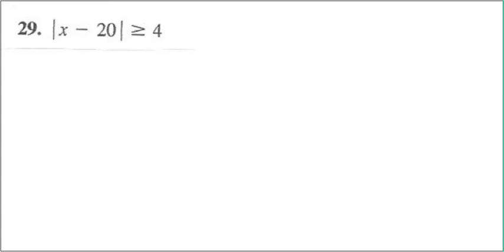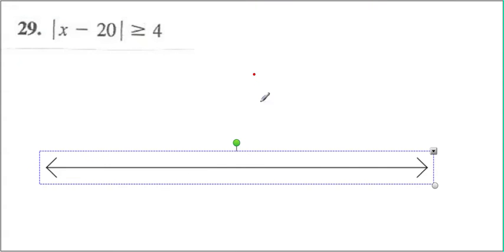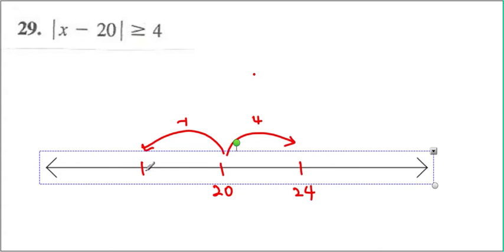Now, that means if I have a number line, so if this one is 20, I can go up or down by 4. That means the values we end up getting are 24 and 16. Then basically, distance has to be greater than 4. That means in order for distance to be greater, we have to go further out.